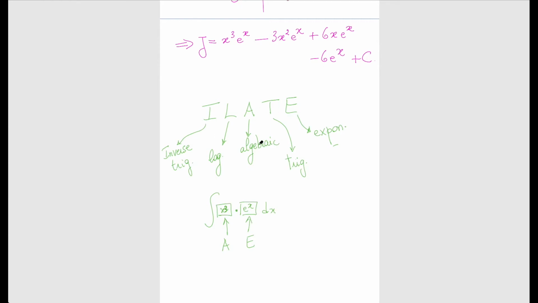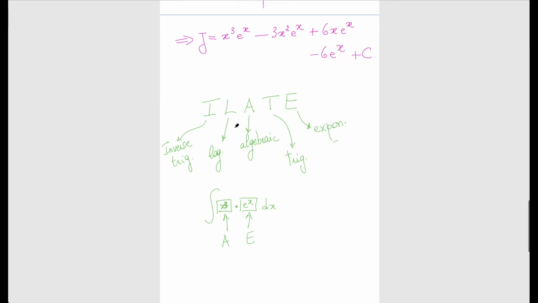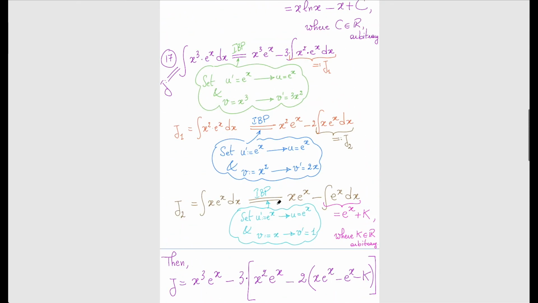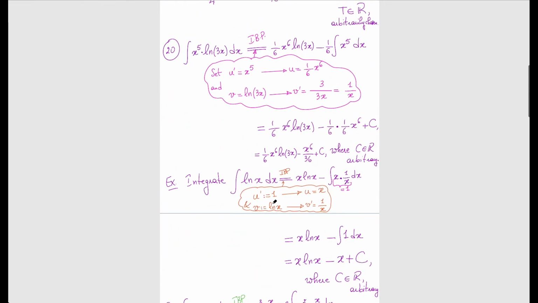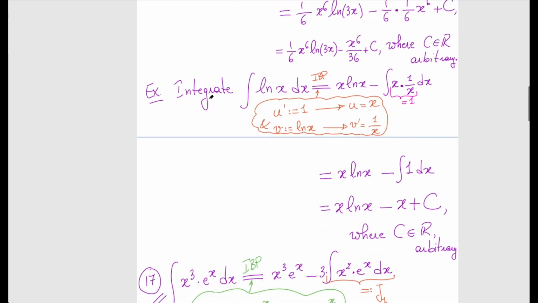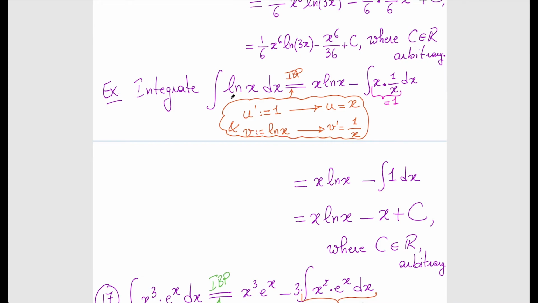This is just what people realized: whichever class occurs first, there is a common theme that the one that comes first actually takes the role of V. You can see it in previous examples. For example, for ln x, we had a 1 and we had the ln x.